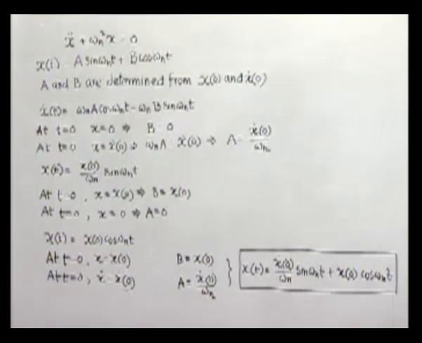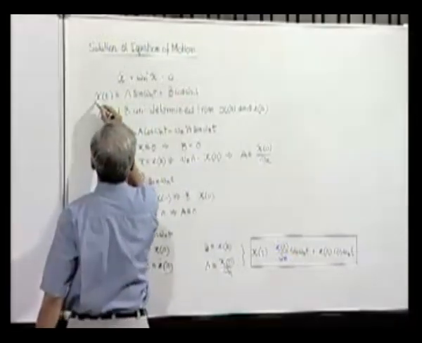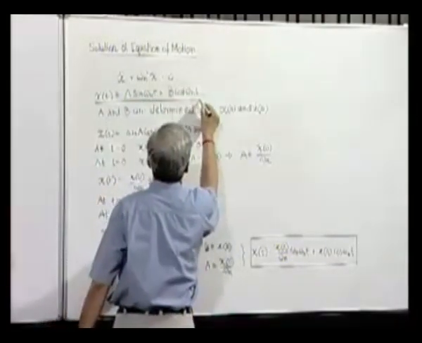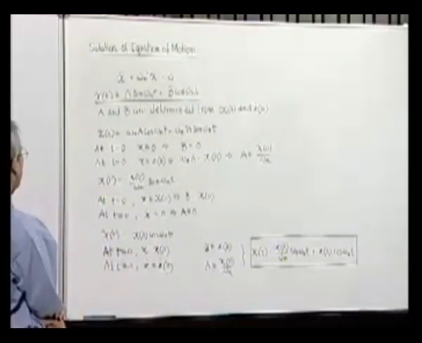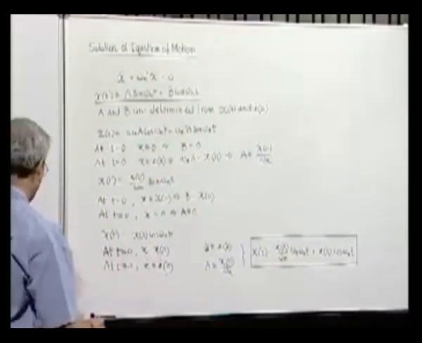However, we can express the solution with two constants as a and b to be determined from the initial condition in another way.